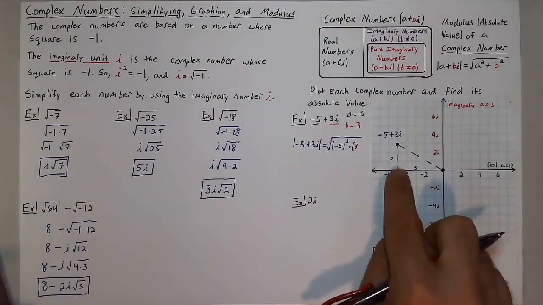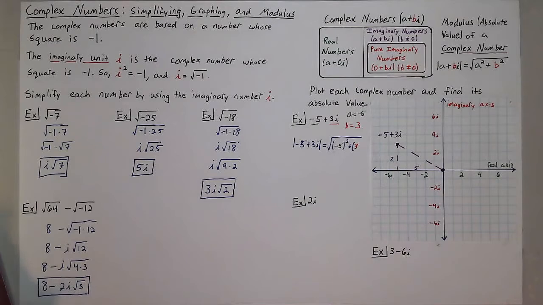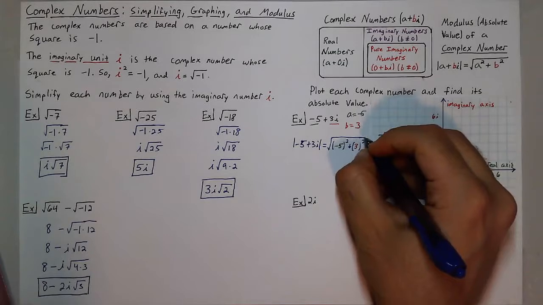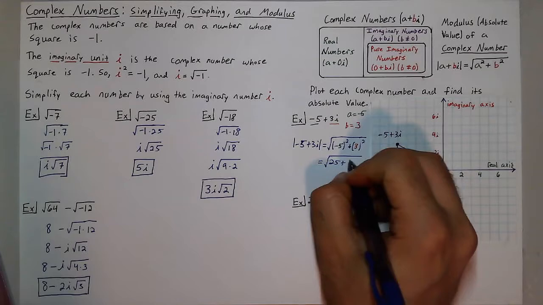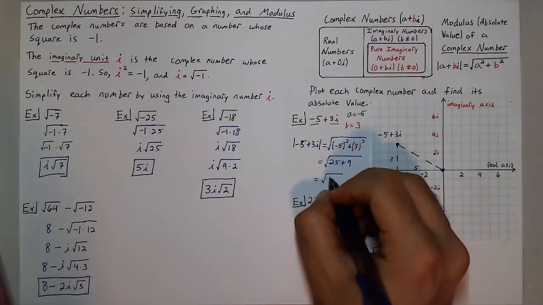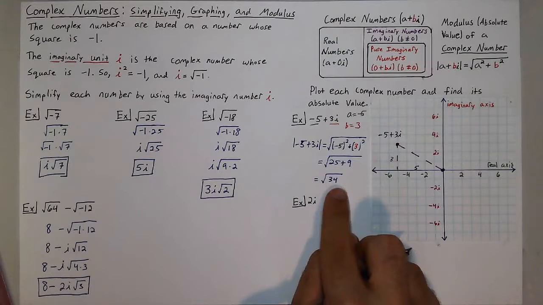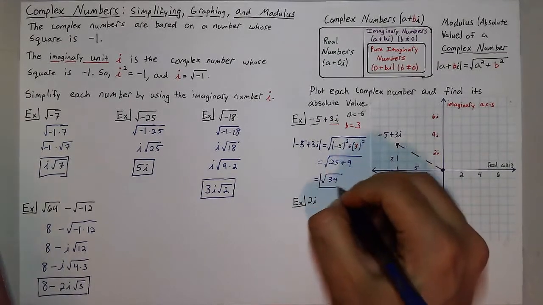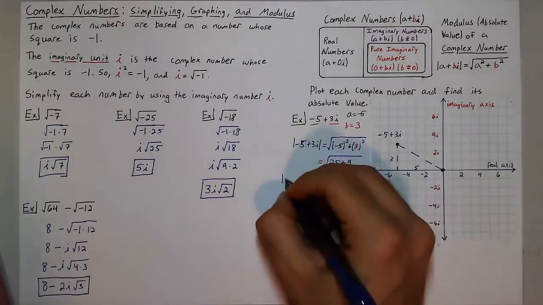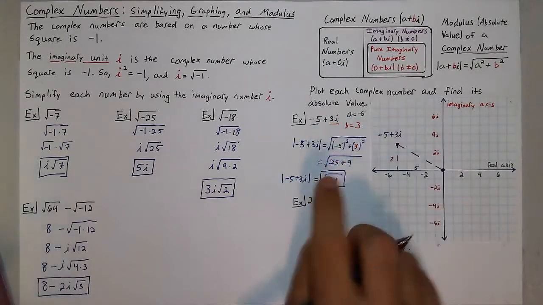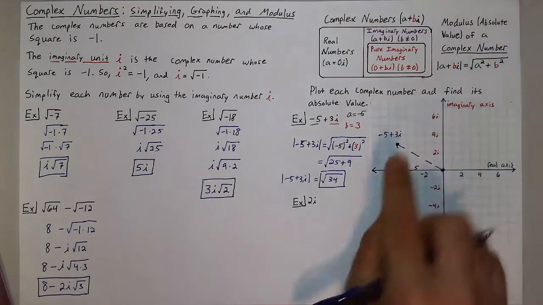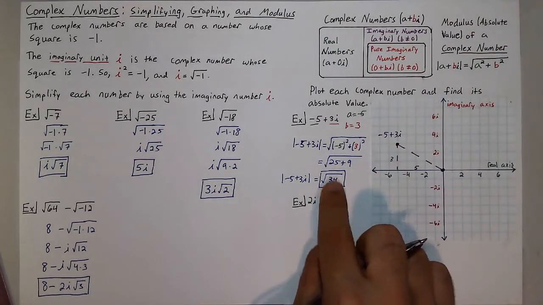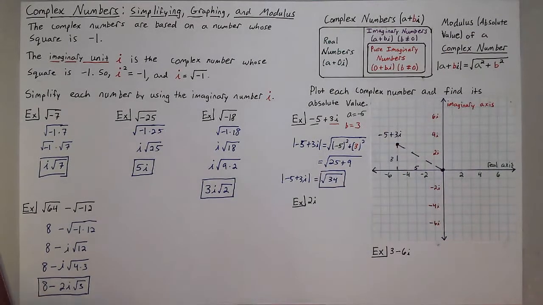That's just because I'm using the physical distance I'm seeing here on my grid. So I don't need the i when I'm doing absolute value. Which gives me the square root of 25 plus 9, which would be the square root of 34, which is 17 times 2, so there's no perfect square there. So that would be the absolute value of negative 5 plus 3i. So the absolute value, or we like to sometimes call it the modulus, of a complex number is a real number, because it's that distance from the origin.